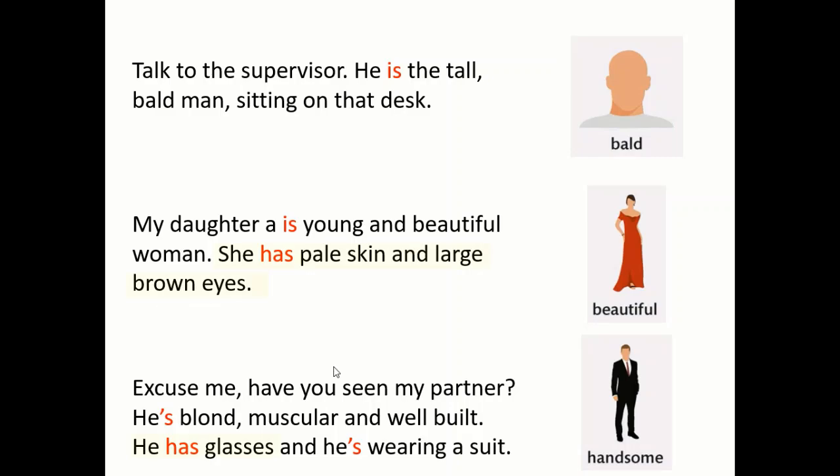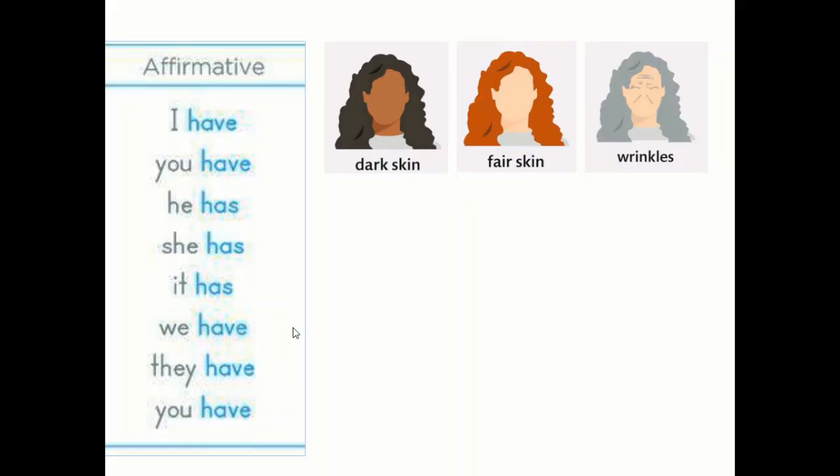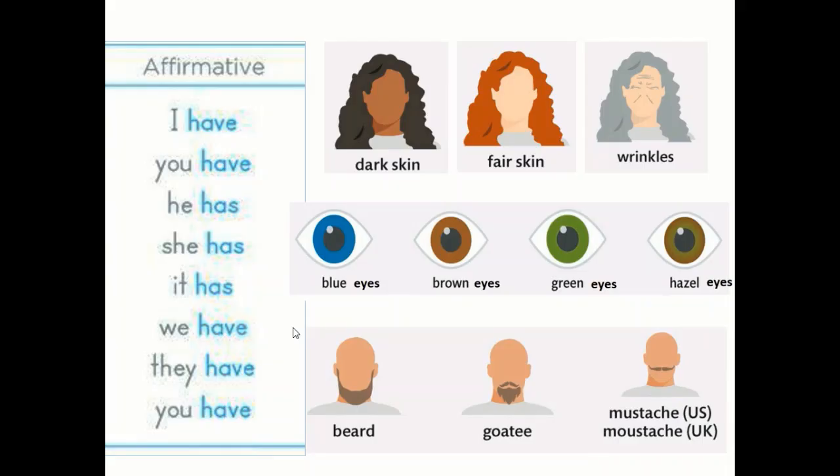As you can see in these examples, the sentences in yellow use the verb to have, not the verb to be. We also use the verb to have to describe other features, such as the skin, the color of the eyes, and things like the beard or a goatee. But these use the article a.